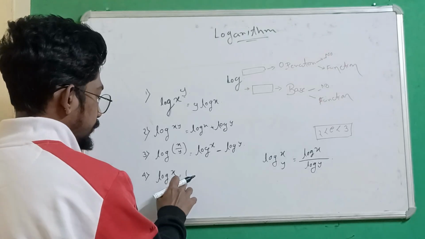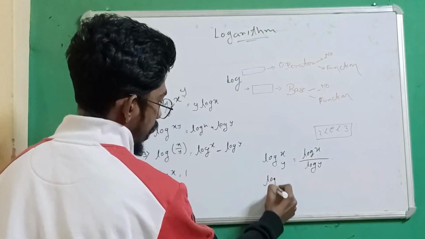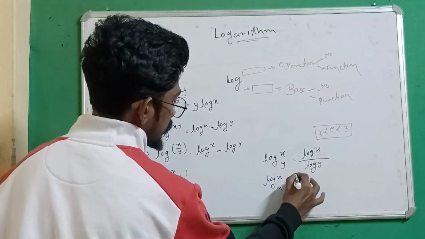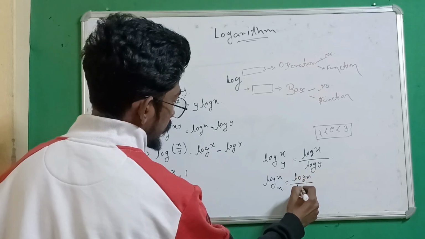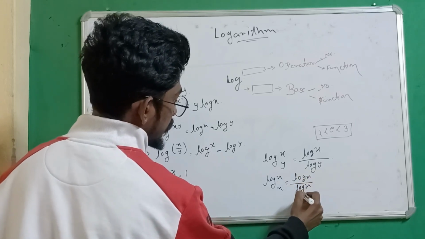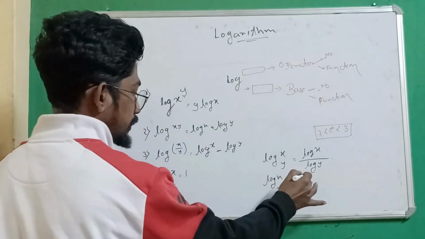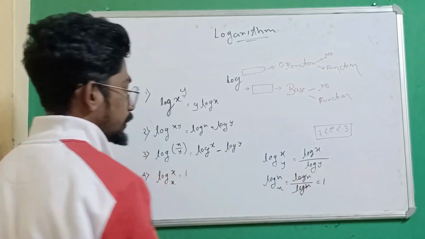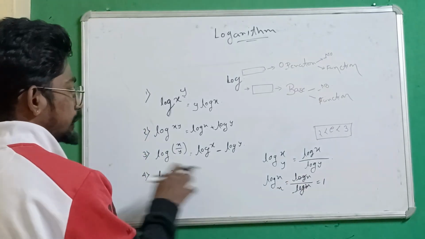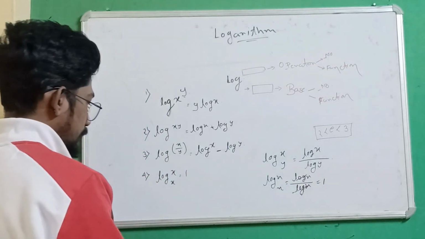So log x with base x equals log x by log x. If numerator and denominator are the same, the answer will be equal to 1. From this you get this formula.